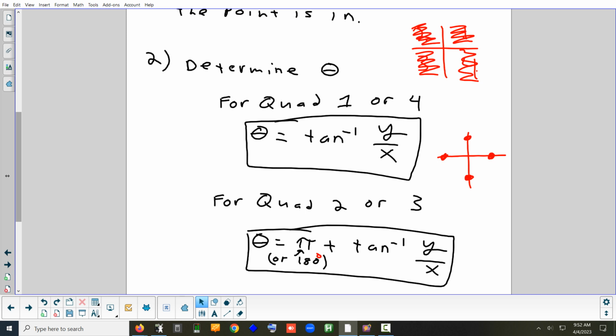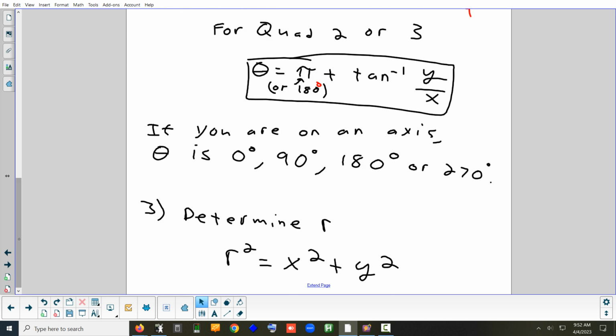Other than being on an axis, those are the 2 formulas that we can use. And then R, well, that's the easiest one to find because it works the same formula all the time. It's just the Pythagorean theorem. It's finding the hypotenuse of the triangle.